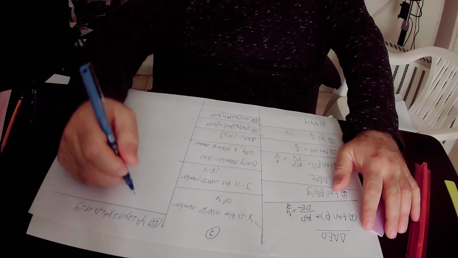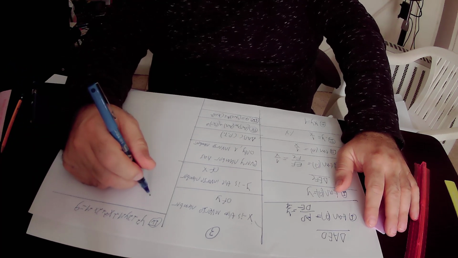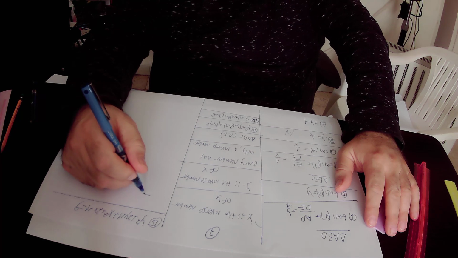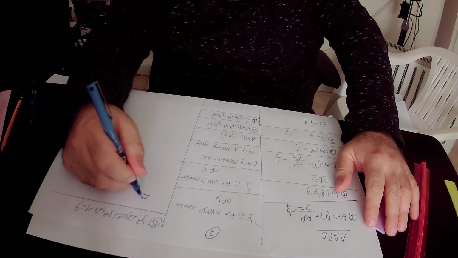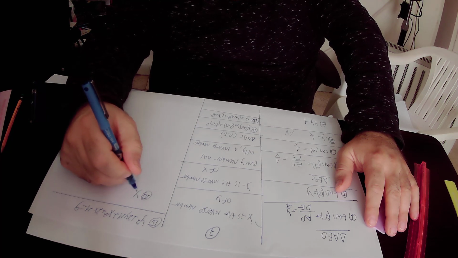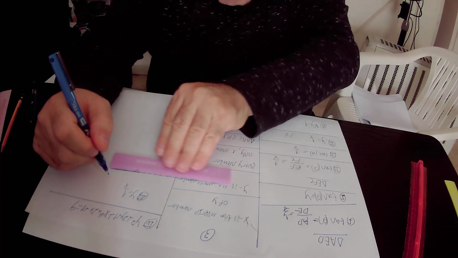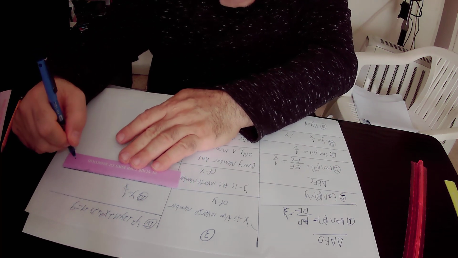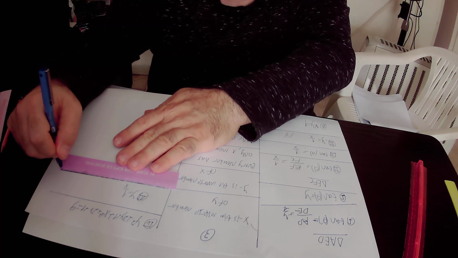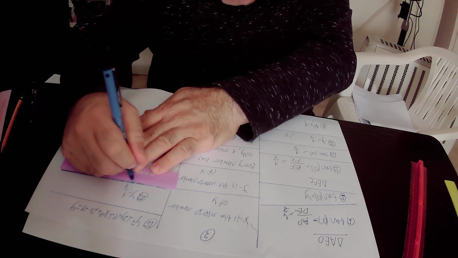According to equation number 3, we found out that y equals 1 over x. Therefore, we can substitute y in equation number 4 by 1 over x.